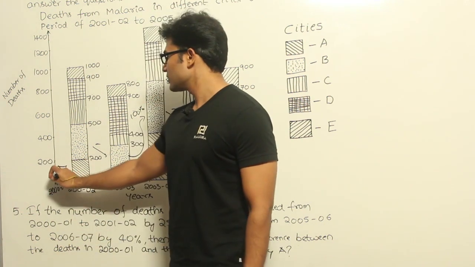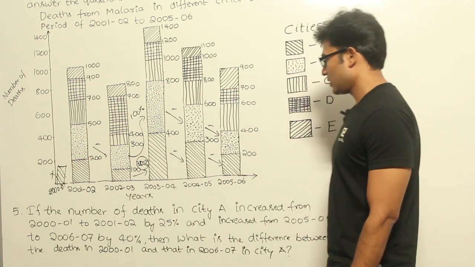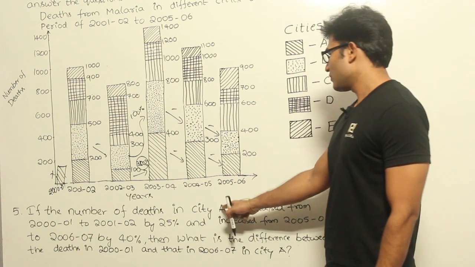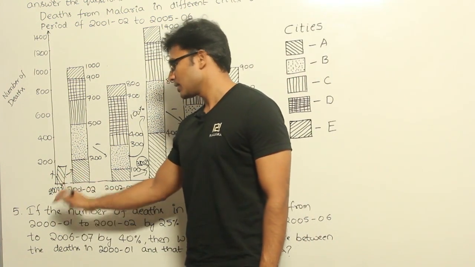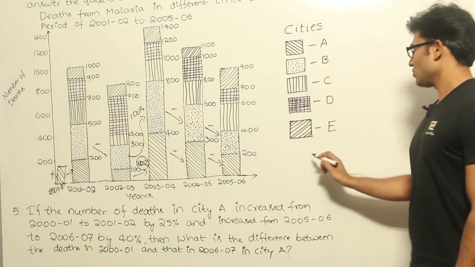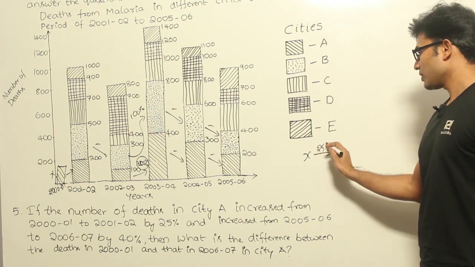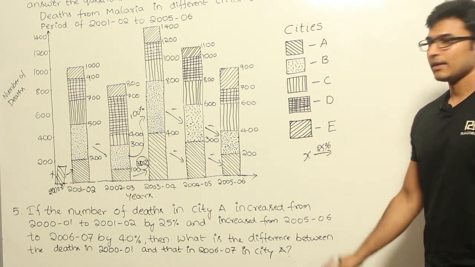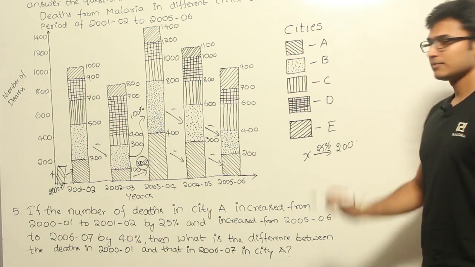Now let us assume that it is X. I don't know what it is. But in order to find it out, they are saying that the number of deaths increased from here to here, which means from here to here it has increased by 25%, right? So now X has increased by 25% in order to become 200.